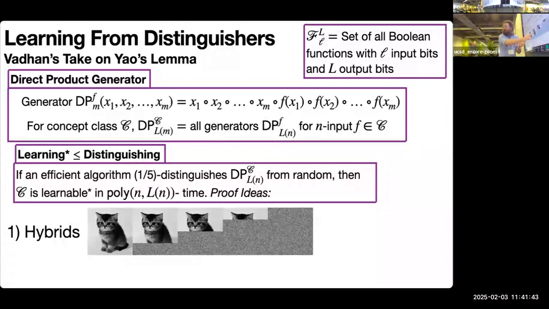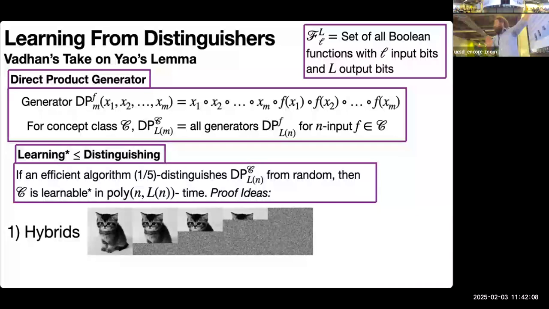A hybrid argument says that if I can distinguish the extremal points of this distribution from each other, then there's going to be an index somewhere where I can distinguish two adjacent hybrid distributions. This picture is not to scale. What the actual hybrids look like is, these are all uniformly random bits, because we're learning over the uniform distribution. This is where I'm making my life super easy by only learning over the uniform distribution, where I'm using that asterisk.